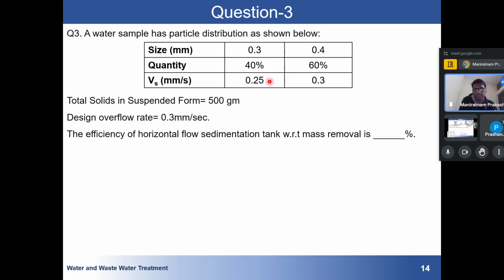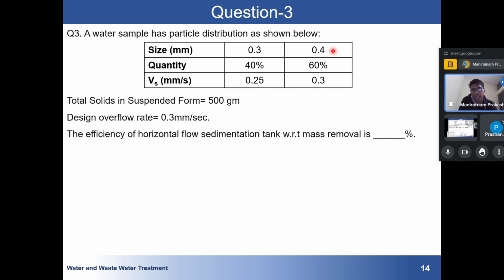The first thing you should have an idea of is that, as the design flow is 0.3, corresponding to 0.4, a particle having settling velocity 0.3 will settle down anyhow. It has been designed for 0.4 mm particles only.